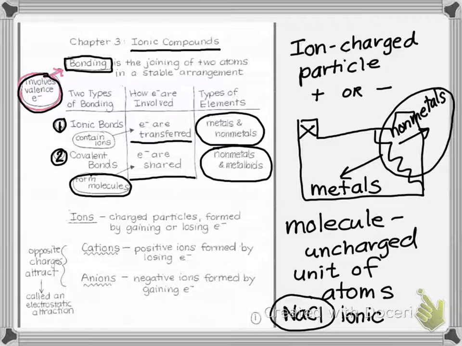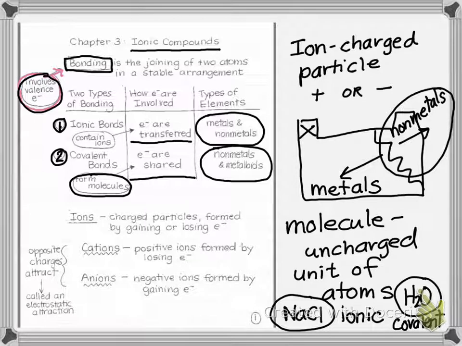We could also take something like water, H2O, which has two nonmetals, and so this is covalent. So initially we can identify things as ionic or covalent by what elements are involved.